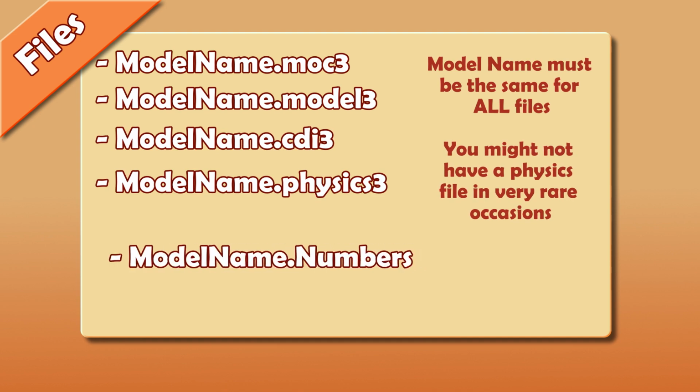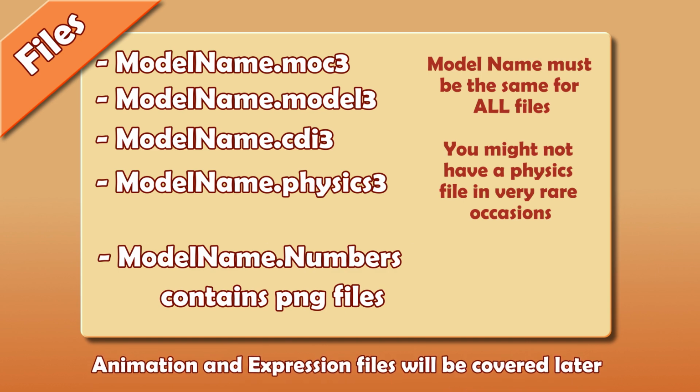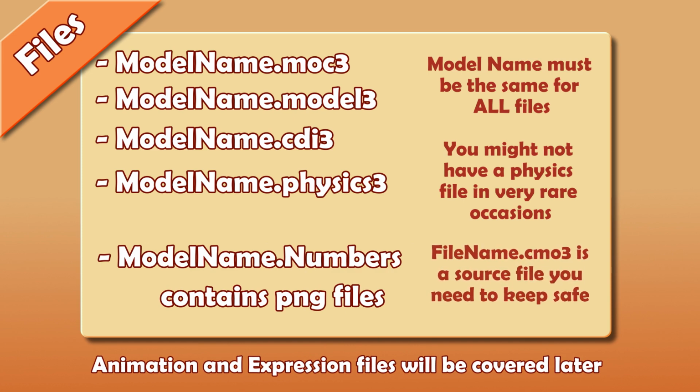And then you'll also have a folder containing a bunch of image files that will make up your texture. In addition, you should have a .cmo3 file, but this isn't needed for using the model. This is just needed to edit the model rigging in the future, so make sure you store it somewhere safe, but you're not going to need to use it day to day.